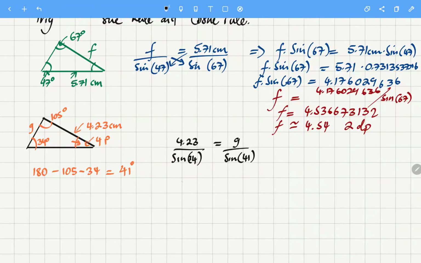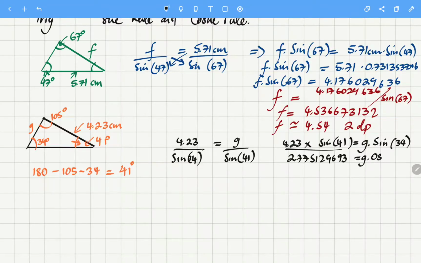So 4.23 times sine 41 equals G times sine 34. Simplifying that together, that'll be 2.775129693, which is G times 0.5591929 and so forth.